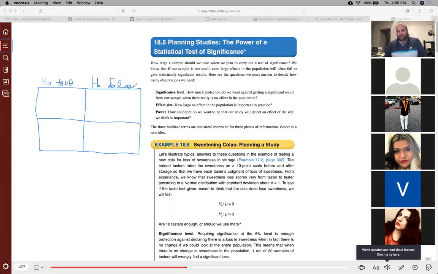Just to go back, someone asked a question: if you get 20.01, you round to 21. That's correct. You always round up.